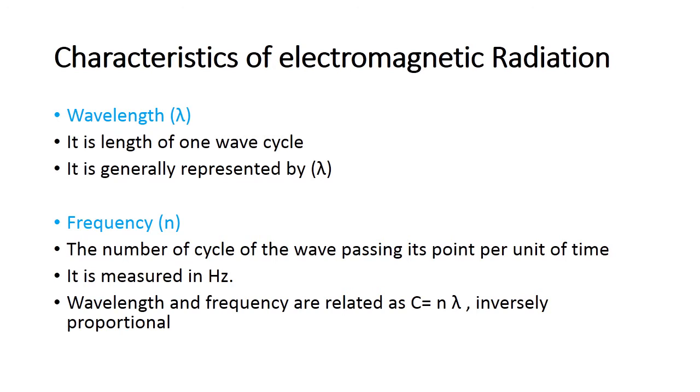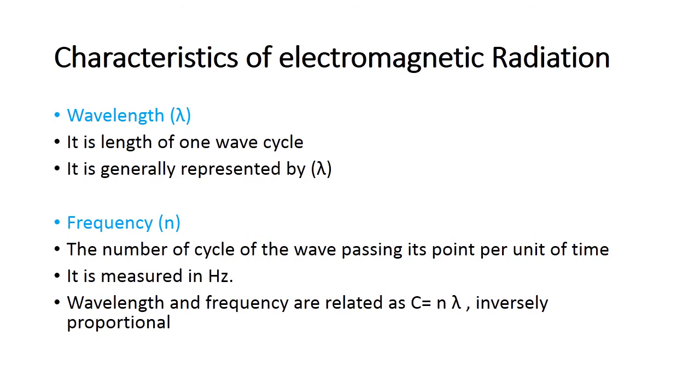Wavelength is denoted by the symbol lambda. It is the length of one wave cycle, which can be measured as the distance between two successive crests or troughs. It is generally represented by lambda and measured in meters or factors of meters: centimeter, nanometer, etc. Frequency is denoted by the letter n.